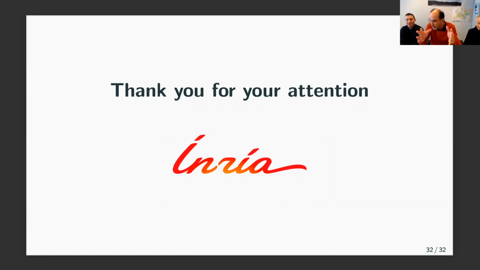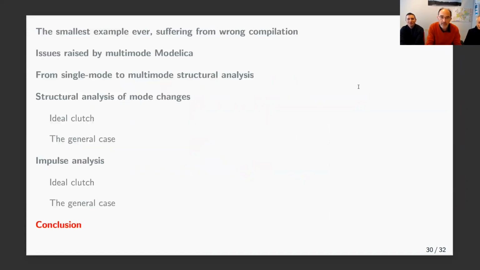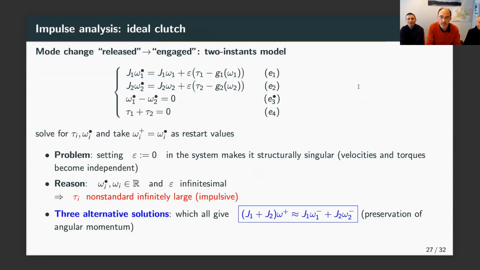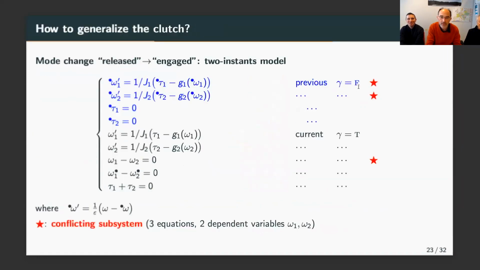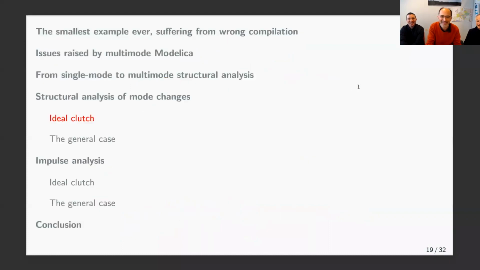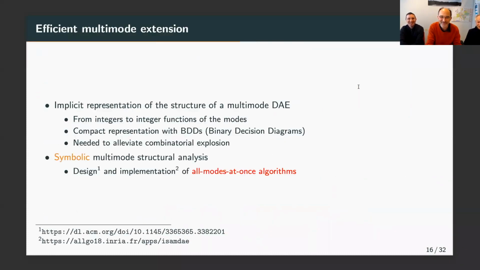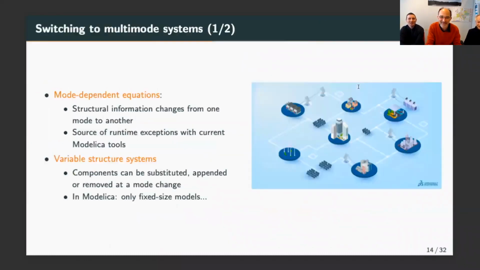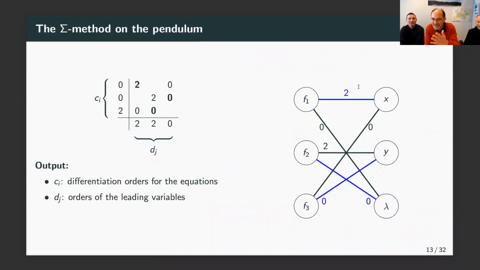Indeed, the bipartite graph that was shown pretty far back in the slides. We are almost there. You can imagine that for a multimode system, instead of having one such bipartite graph, you have one graph per mode.